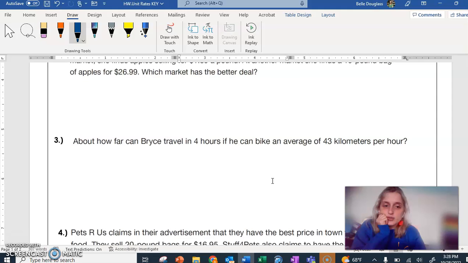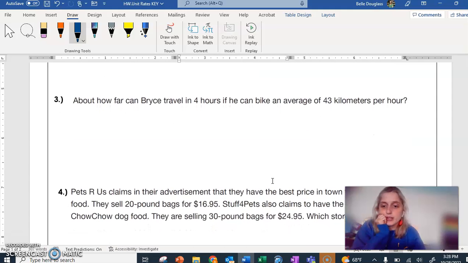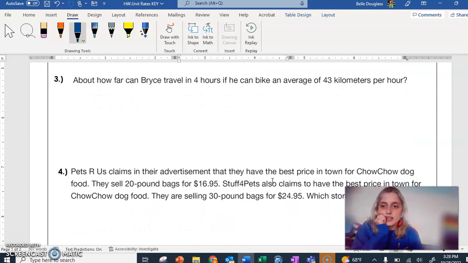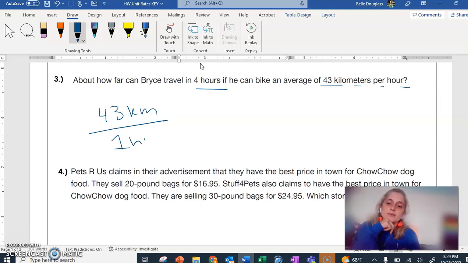I'm going to do number 3. About how far can Bryce travel in 4 hours if he can bike an average of 43 kilometers per hour? That means 43 kilometers in 1 hour. If I say we're actually going 4 hours, then your answer is going to be bigger.